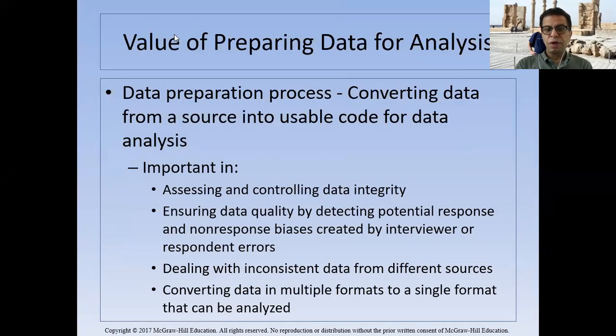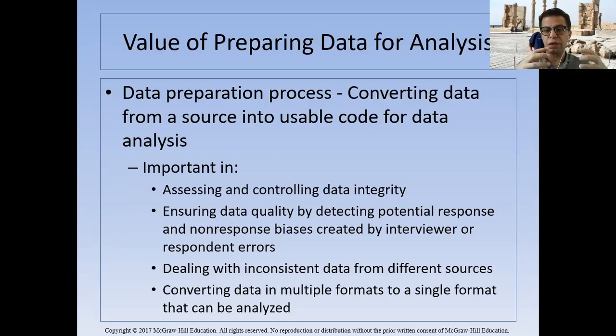Basically, the value of preparing data for analysis. Data preparation process: converting data from a source into a usable code for data analysis. What it means is that we have all this information, all these data, and we have to convert all these things into the final thing, which is useful information. So there is a process of doing that.